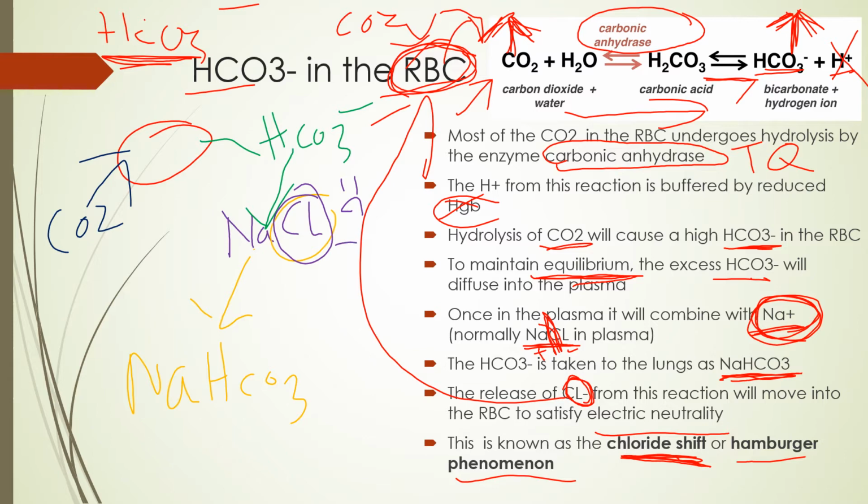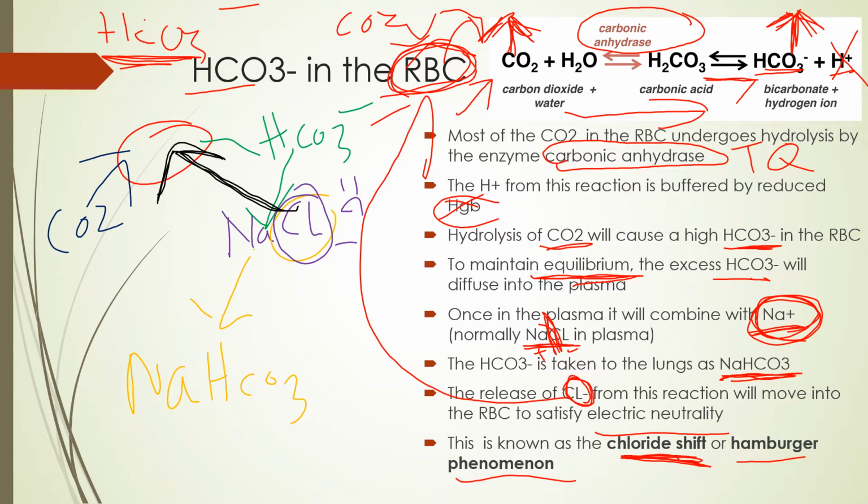Anyway, chloride's over here alone in a negative situation, and it decides, hey, I want to be in a relationship, and the way to satisfy this from being negative to not being negative is to shift from the plasma into the red blood cell. So the chloride is shifting into the red blood cell.